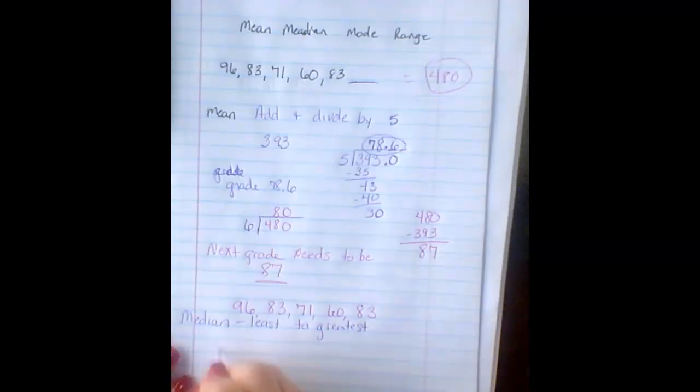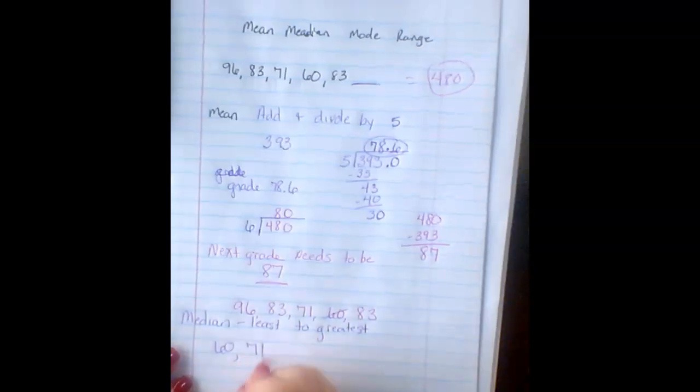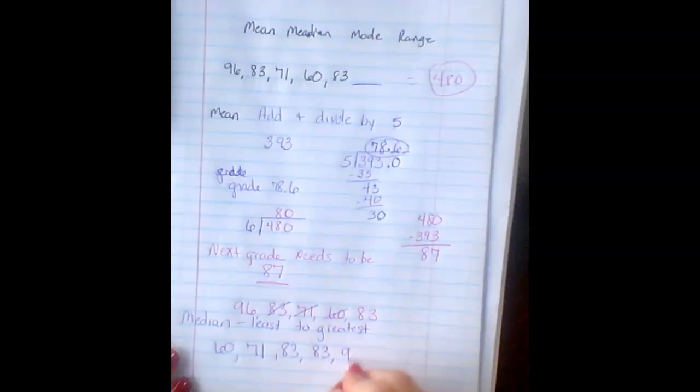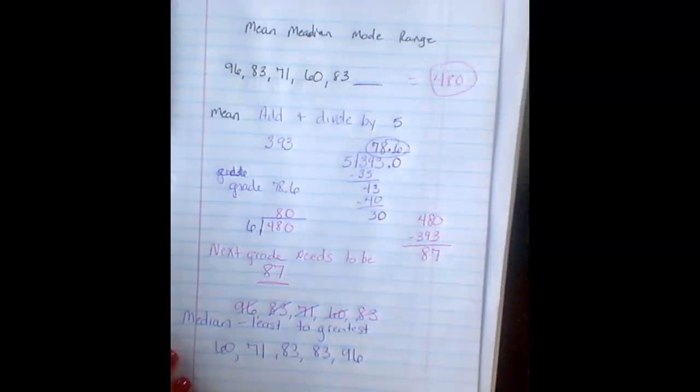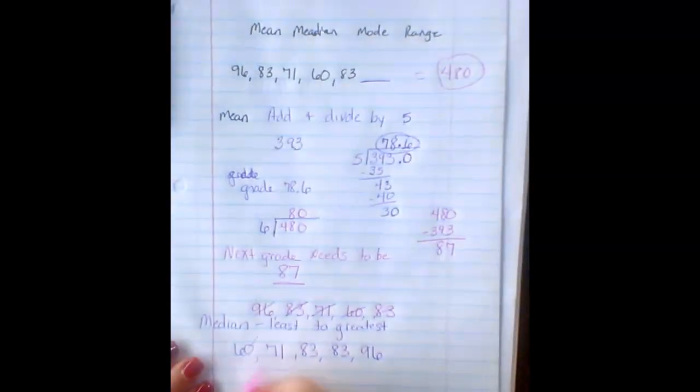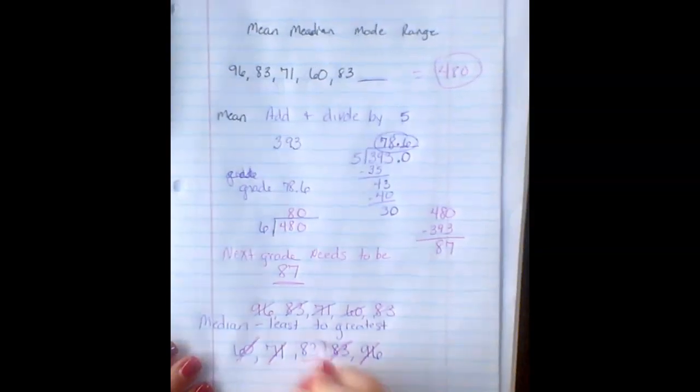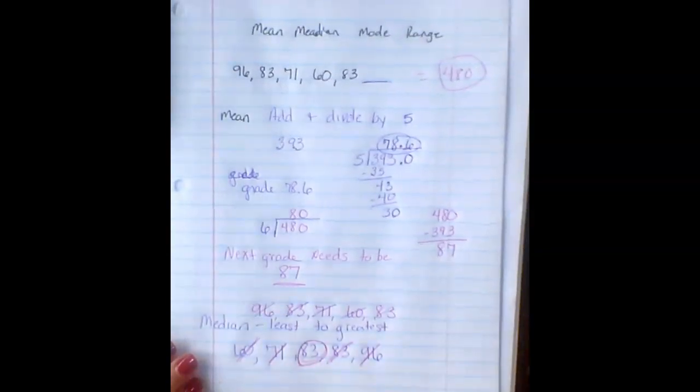So I'm going to do 60, then 71, then 83, then 83 again, and then 96. I am going to find the median. So I'm going to cut off on both sides. So my median is 83.